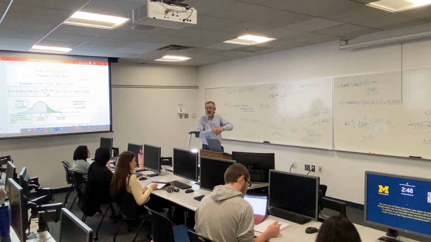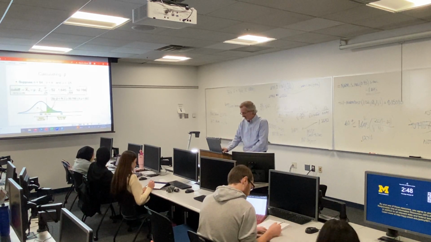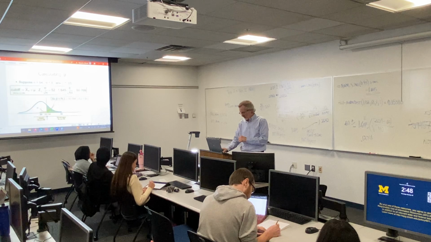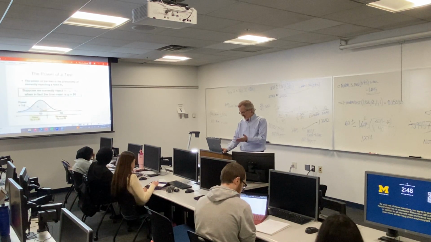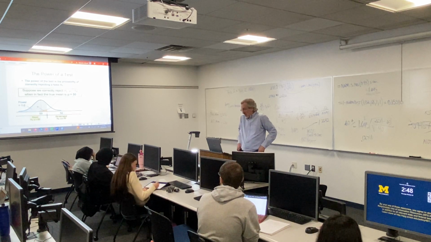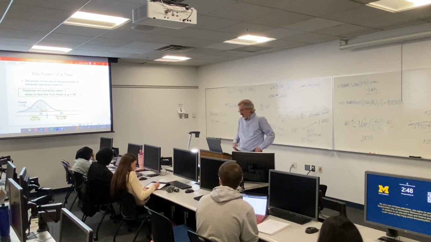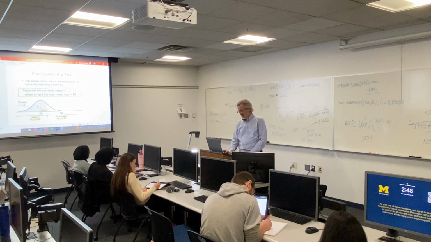Are you ready? I'll enhance the story a little, because I want to make sure you can calculate this. Where did the 52, the null hypothesis, come from here? Suppose we correctly rejected a null hypothesis that the mean is greater than or equal to 52. It's one tail. But in fact, the true mean was 50.